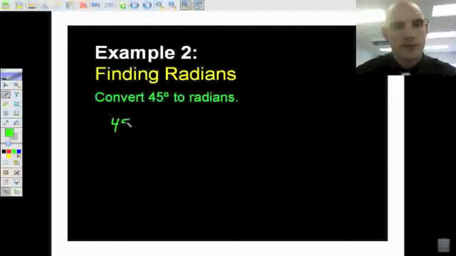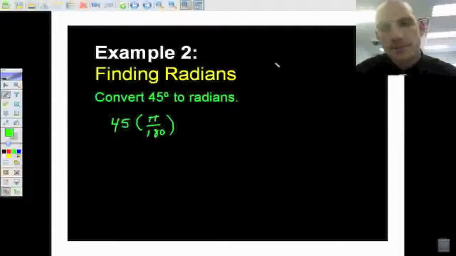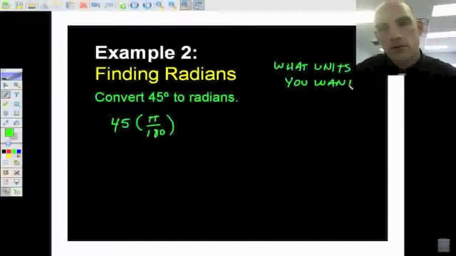So we're going to say 45 times, and 1 degree is equal to some number of radians, so I'm going to multiply by pi over 180. The key here is to say what units you want go on top.